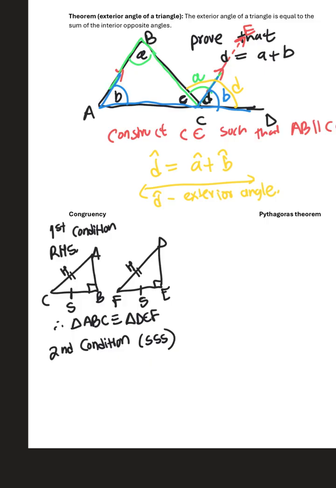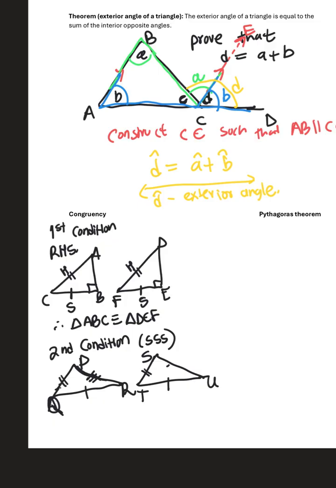This is a situation where we have two triangles, triangle PQR and triangle STU. This side equals this side, and the other corresponding sides are also equal.